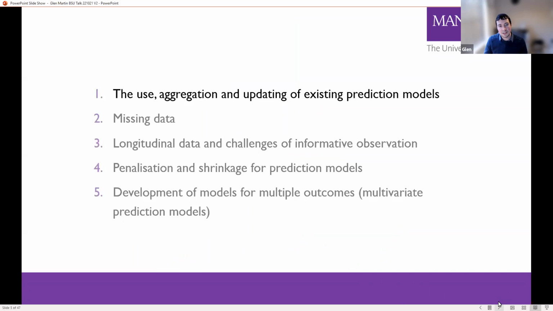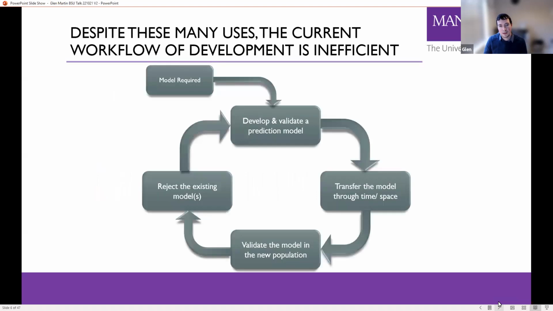That leads quite nicely into the first topic that I want to talk about today, which is how we utilize existing prediction models that might be available in the literature. The reason that's of interest to me is that despite those many uses that I've outlined, the current way in which we develop and implement these types of models is really inefficient.